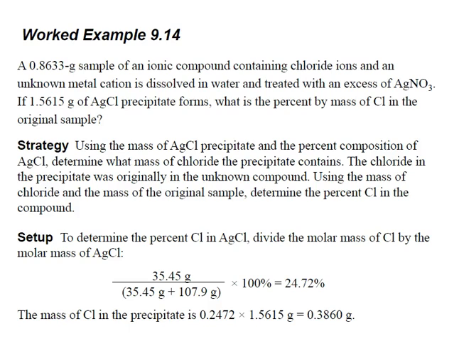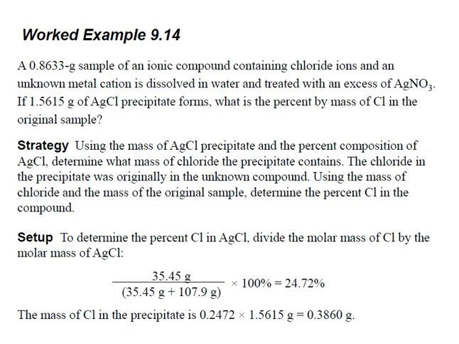Strategy here is using the mass of silver chloride precipitate and the percent composition of silver chloride, determine what mass of chloride the precipitate contains. The chloride in the precipitate was originally in the unknown compound. Using the mass of chloride and the mass of the original sample, determine the percent chlorine in the compound.